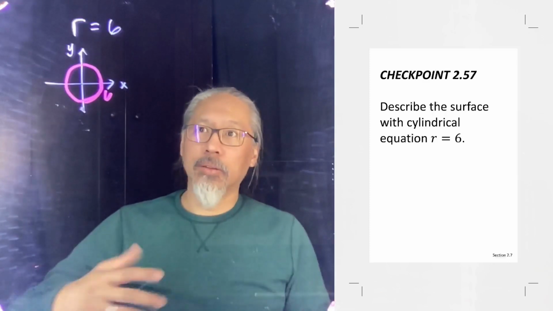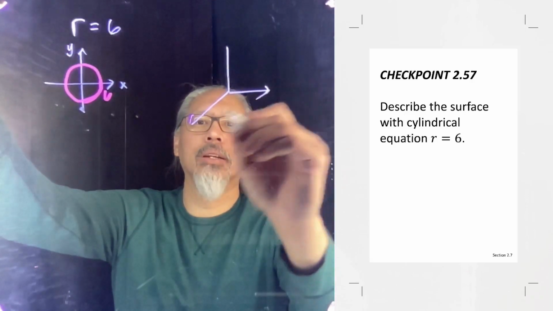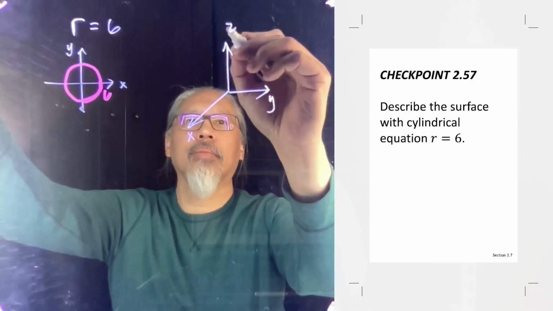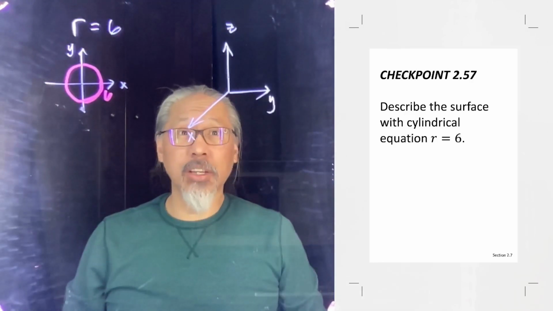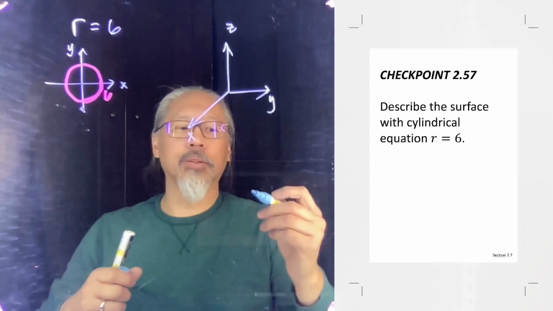Now, in 3 dimensions, we're also saying that it really doesn't matter what's happening along the z, because remember that our z component is the third component in our cylindrical coordinates.